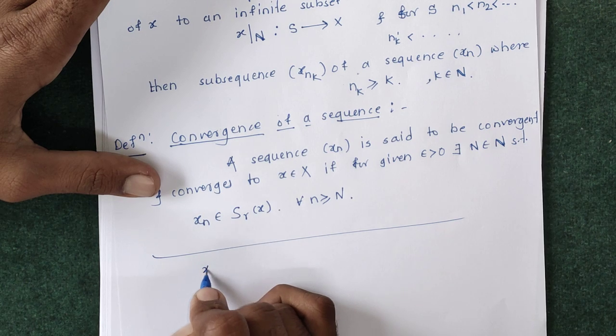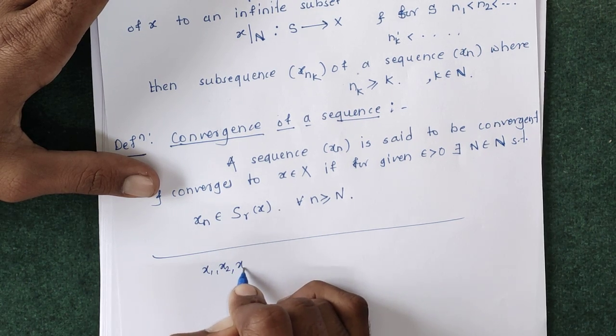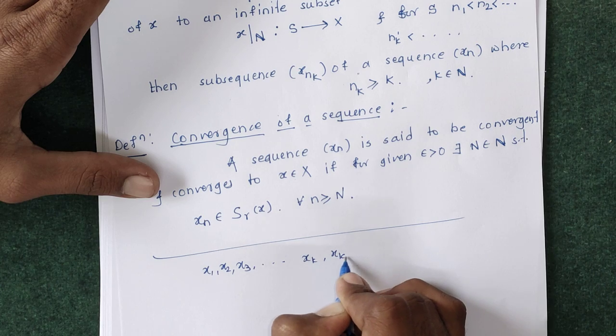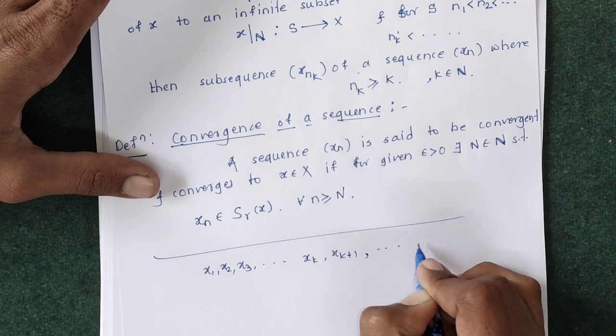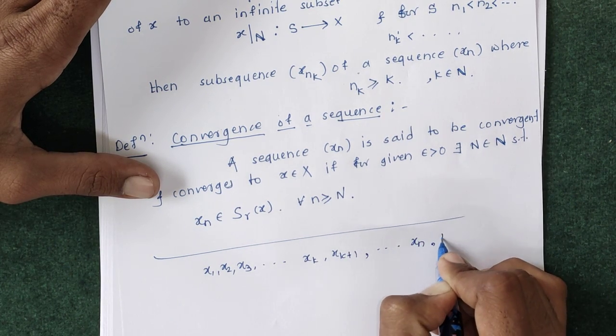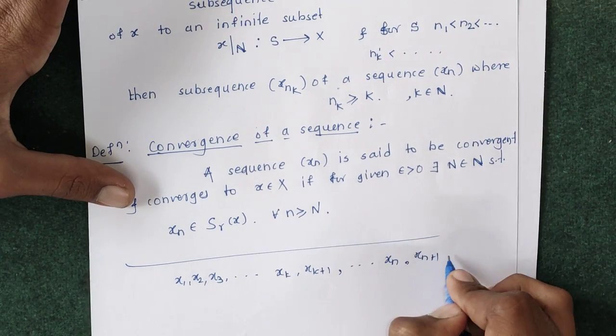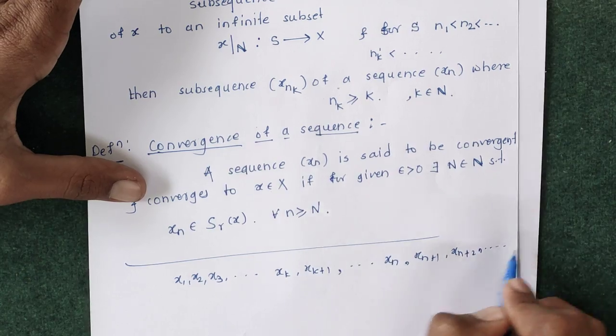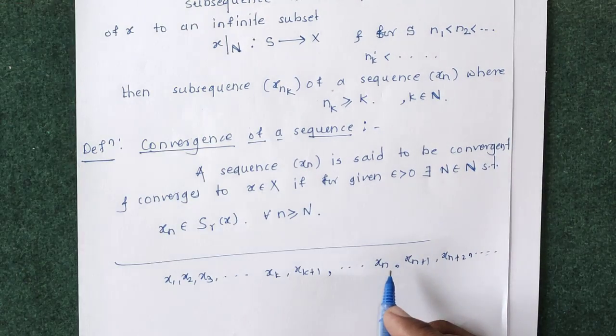Suppose x1, x2, x3, x4, up to xk plus 1, then up to xn, then xn plus 1, xn plus 2, xn plus 3 and so on. These are the elements of the given sequence xn.